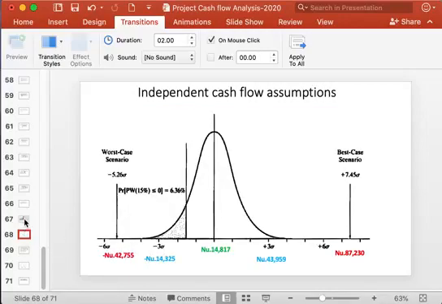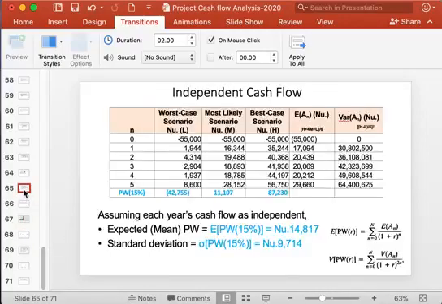So when we used this formula to calculate the expected or mean present worth for the project, then it was as if each year's cash flow were independent, because these formulas are nothing but the summation of the present worth of each year's cash flow.